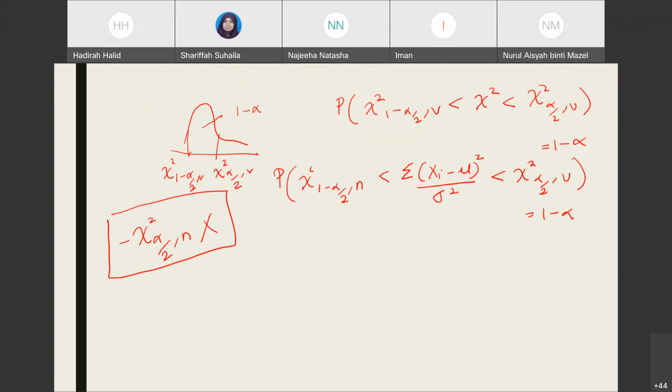Next, you want to construct your confidence interval for variance. Again, the same concept: you modify and then rearrange the inequality. Let's say we take summation xi minus mu square over sigma square less than chi-square alpha over 2, with n as the degree of freedom.